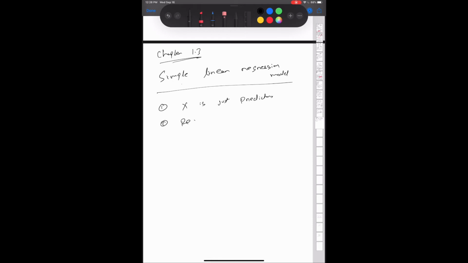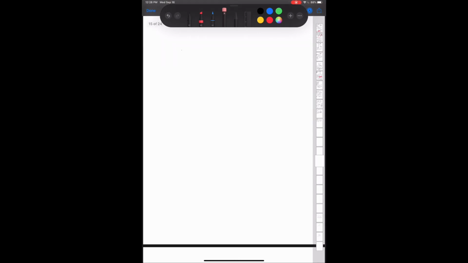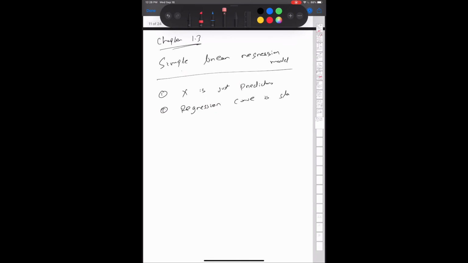The regression curve is a straight line. So when we say simple linear regression model, we assume these two facts.